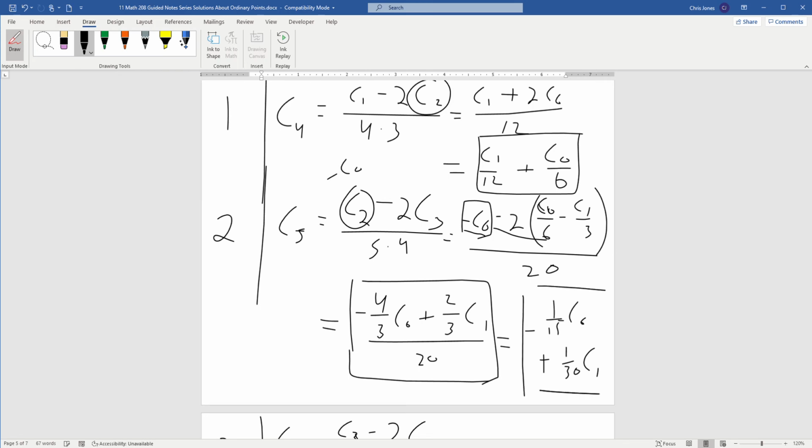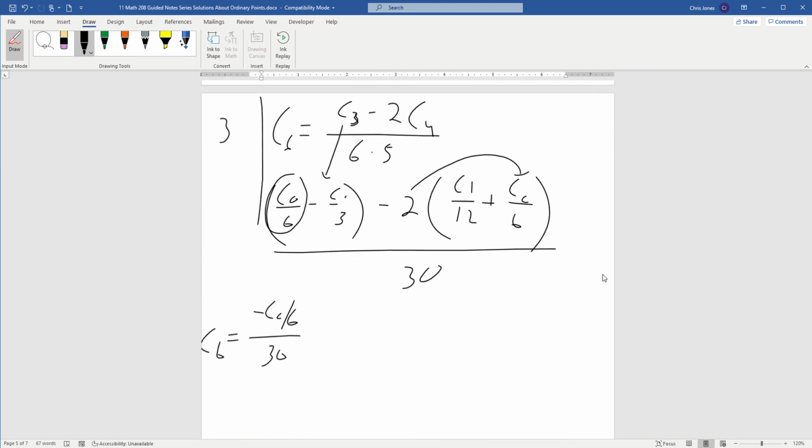now we're going to go ahead and go back down here. So remember, we figured out the C naughts. We're going to combine the C1 terms. Right, so this just becomes negative C1 over 3 minus C1 over 6.